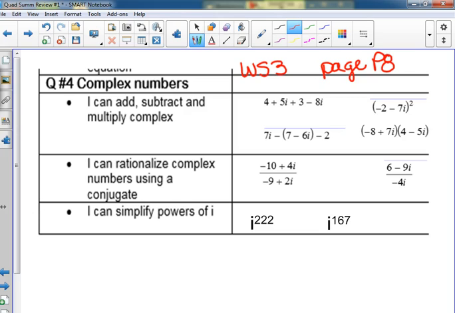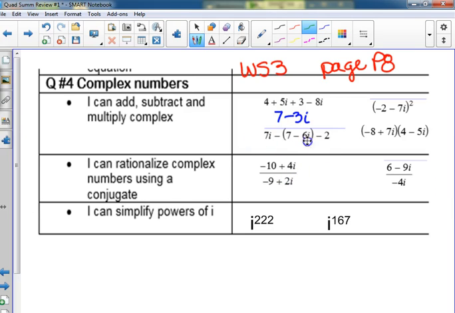And this is the last concept that's actually on the quiz, except for review of writing linear equations. It's on the homework checklist for tomorrow, which I can go over one more time in a second. 4 plus 3 is 7, 5i minus 8i is negative 3i. We can get that one right?